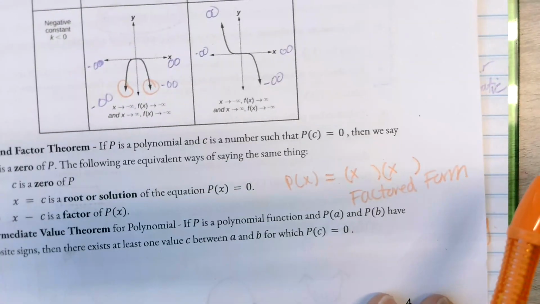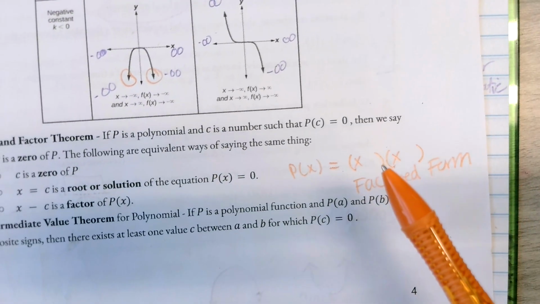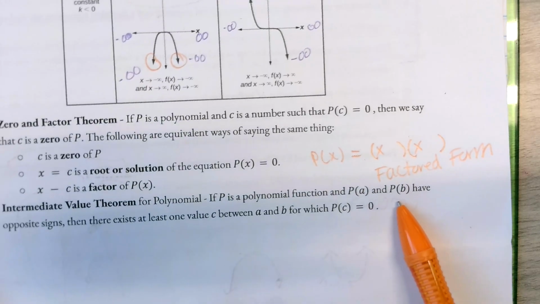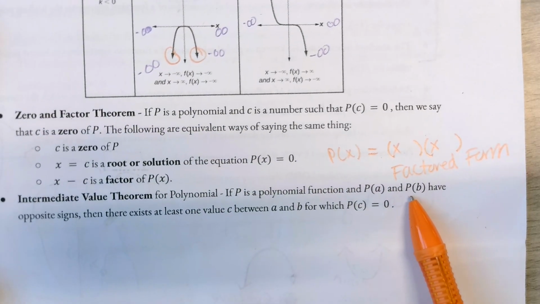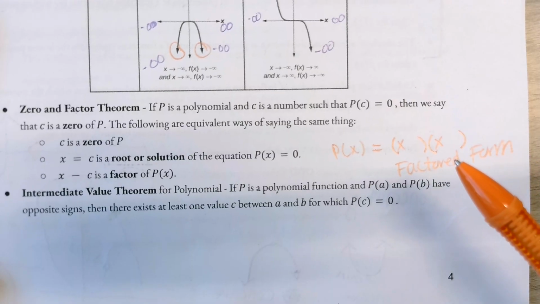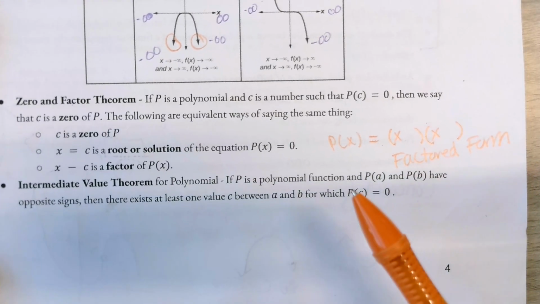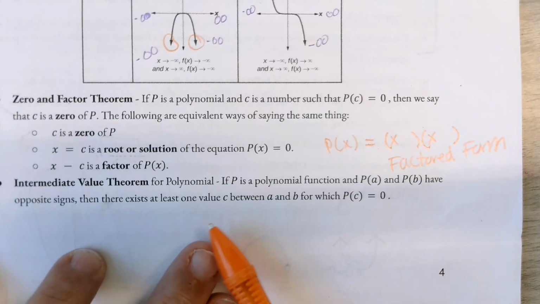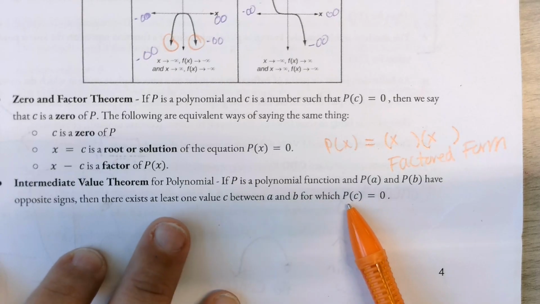The intermediate value theorem says that I can pick any 2 points on the graph because it's a polynomial, because it's connected, and I can figure out that there is a 0 in between.